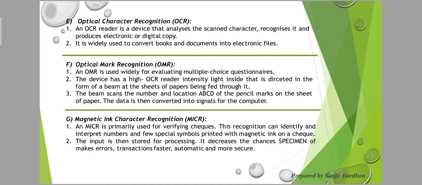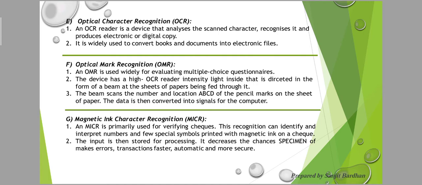The device has a high intensity light inside, and it is directed in the form of a beam at the sheet of paper being fed through it. The beam scans the number and location of the pencil marks on the sheet of paper. The data is then converted into signals for a computer. Okay, here is how the OMR sheet works.